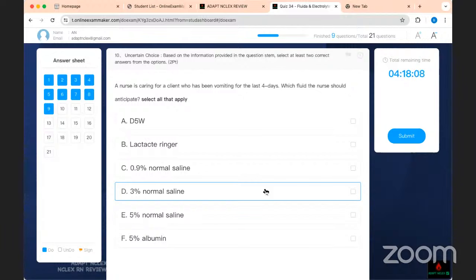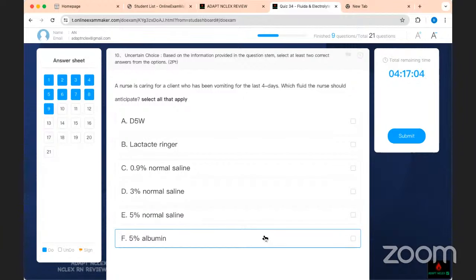If I'm having diarrhea, what kind of dehydration is happening? Think about it. Sometimes they will trick you, but sometimes the question is straightforward. Don't overguess. You know the patient has been vomiting for 4 days. He's going to have isotonic dehydration.